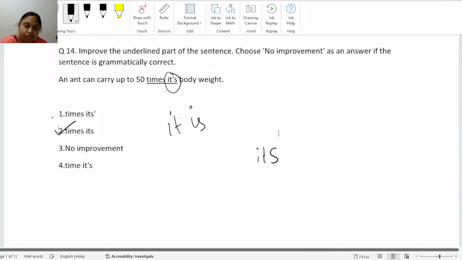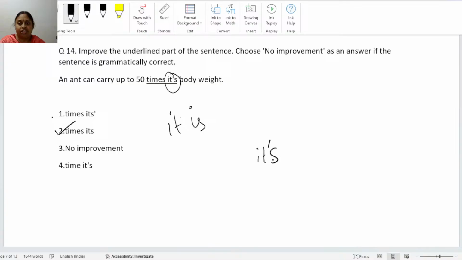Just to avoid confusion. So here, actually, it's, if we take, what is the meaning? It is. Then when it comes to its, it is nothing but own.